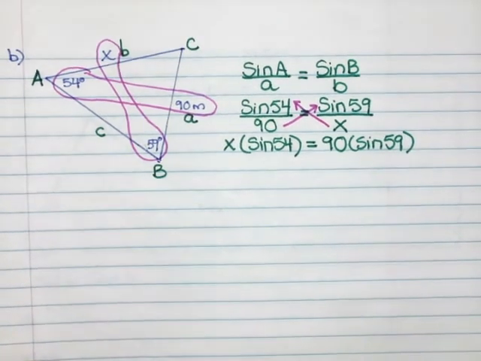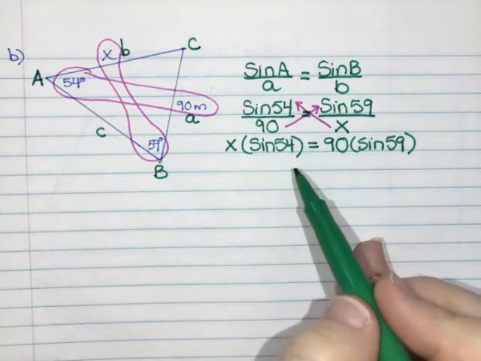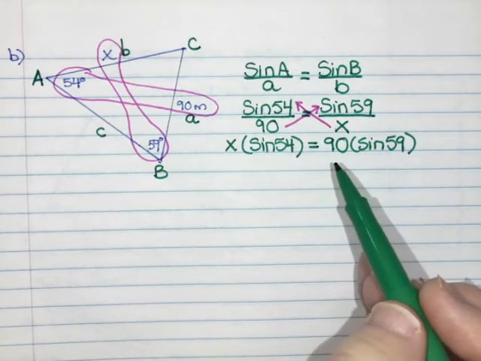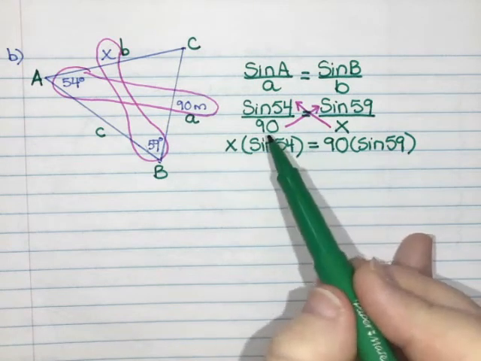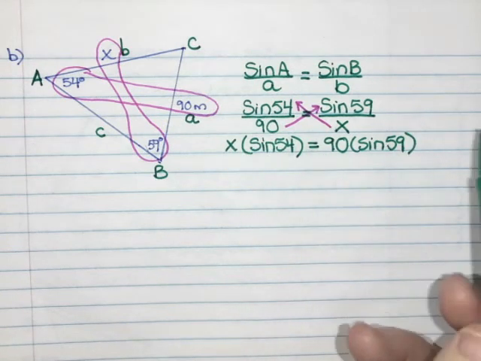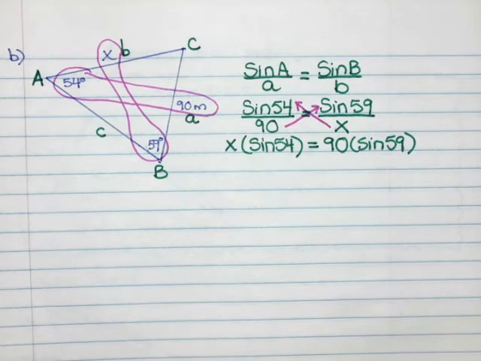After that, we have options. If you don't like working with decimals, you can divide both sides by sine of 54 and then do it all in one step on your calculator. But I think more people will have more success using the decimal, so that's what I'm going to do.